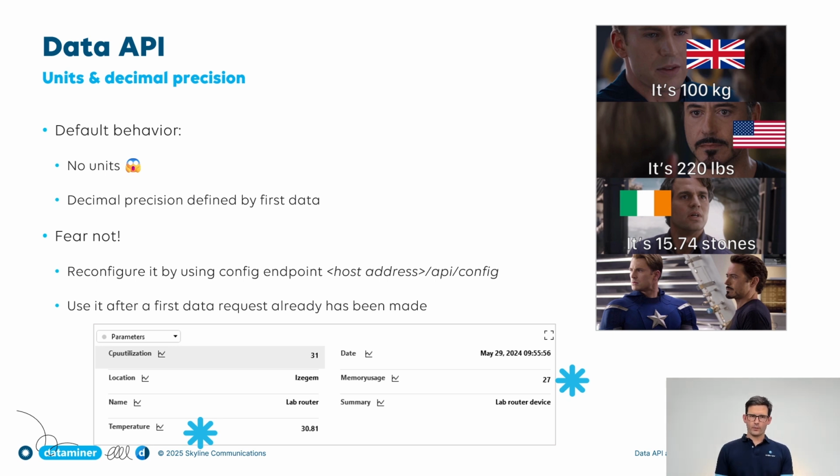Also, when it comes to numbers, the decimal precision that we're going to use by default is the decimal precision of the first value that we receive. So the CPU utilization, if we first receive it and initially it had 0.5, so just one decimal, that's what the decimal precision is going to be, even for the next updates. If you want to change that and you want to make it 2 digits for precision, you can also change that with the config endpoint.